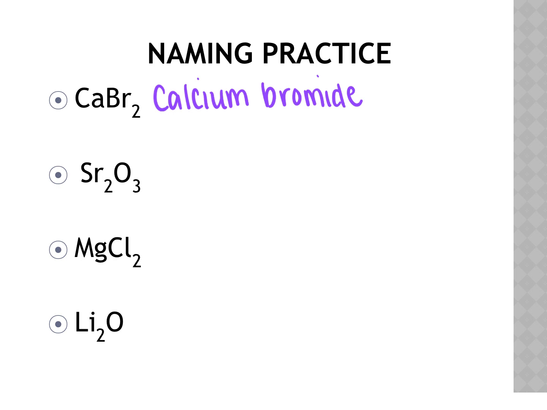All right, next we have Sr2O3. What is Sr? Okay, strontium. What's O? Oxygen. Okay, oxygen, and how are we going to end it? Oxide. Good, oxide. All right, then we have MgCl2. What's Mg?